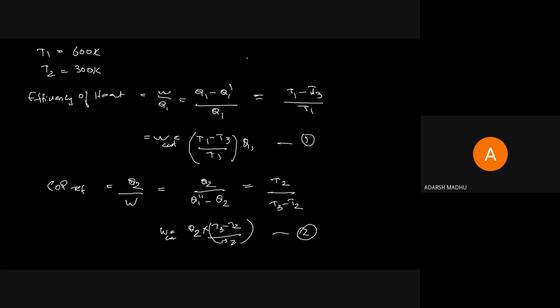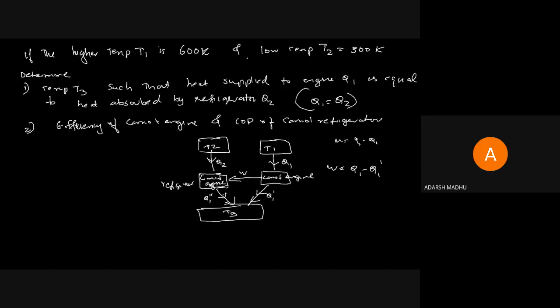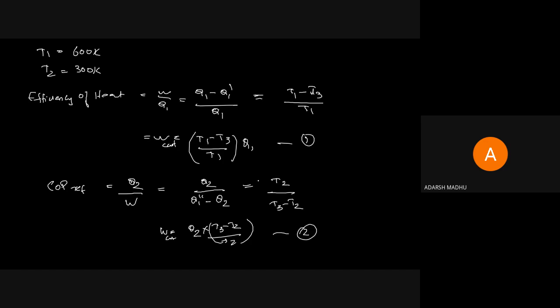As I said, the heat transfer can be directly related to temperature: Q1 corresponds to T1, Q2 to T2, Q1 dash to T3. So W equals Q1 into T1 minus T3 by T1.